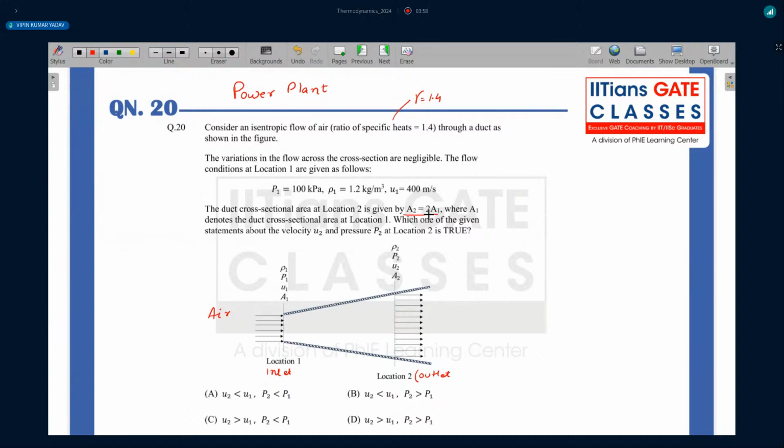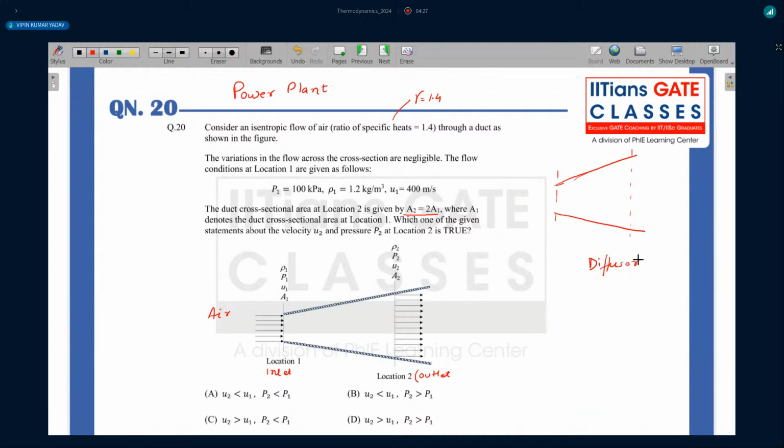If we see the options, there is a relationship between inlet and outlet velocity, and inlet and outlet pressure. At the first instant, if you see this section, it is a diverging section. If you look at it, it looks like a diffuser, we all know, right?